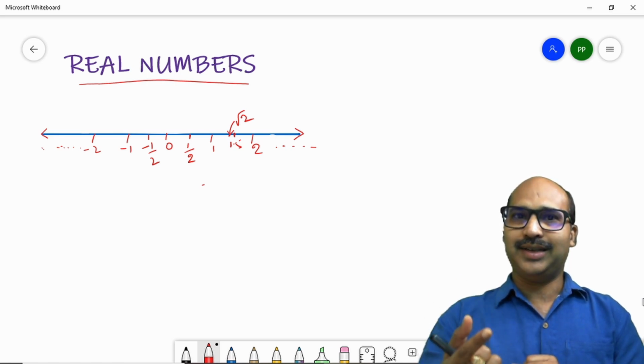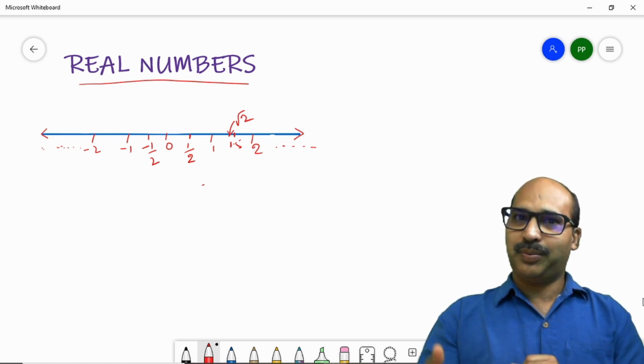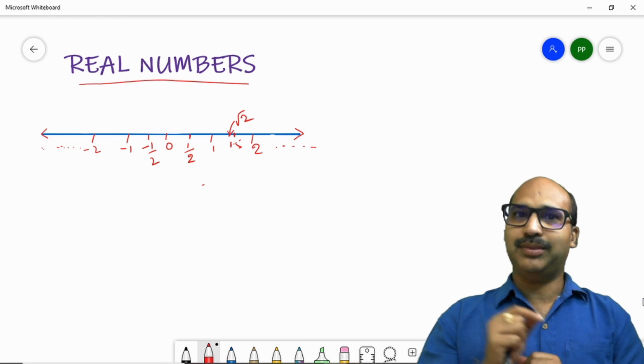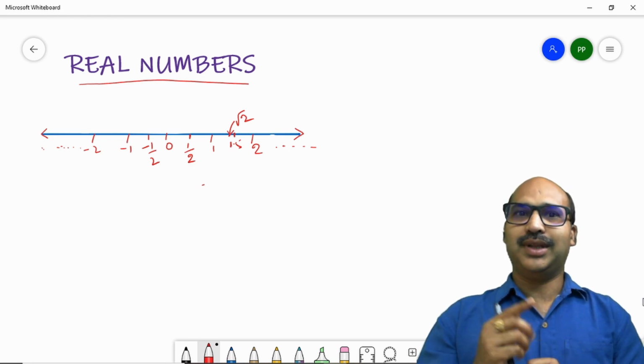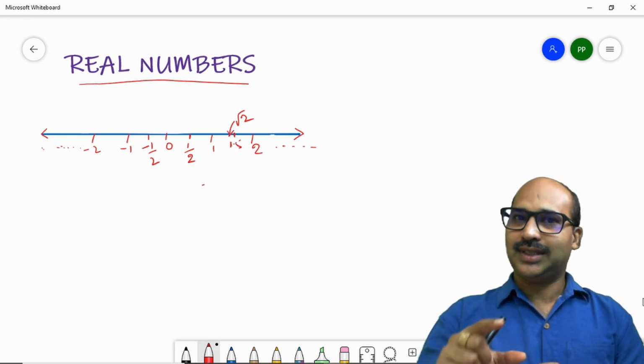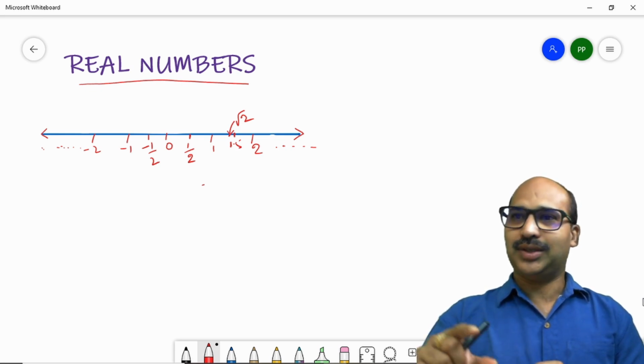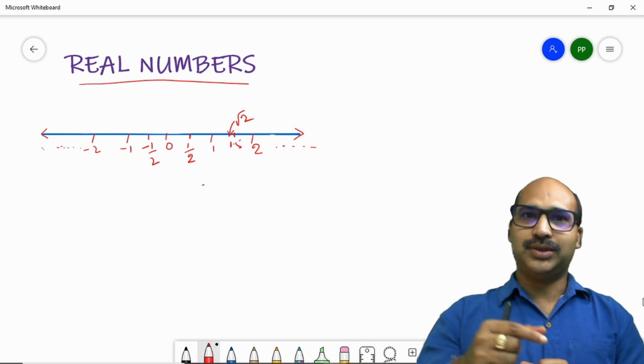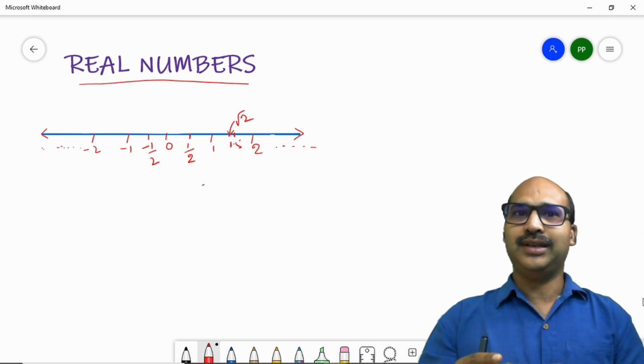Even at the time you were born, your parents must have noted the time of your birth. Similarly, date of birth. And even at the month's end, everybody calculates the salary, how much salary we are getting. Say for example 23,000 is the salary, 3,000 is the school fee, 5,000 is the house rent, then the remaining is 15,000.